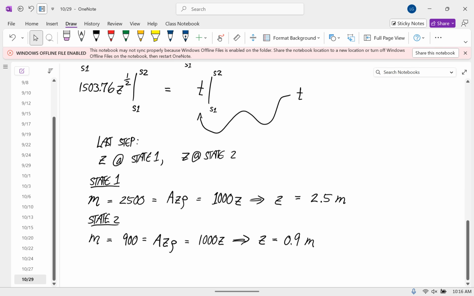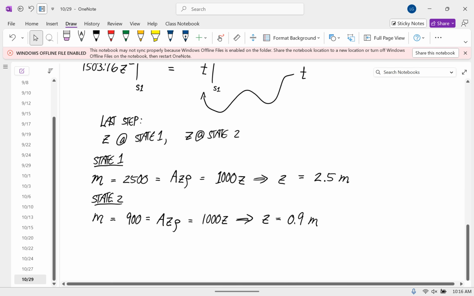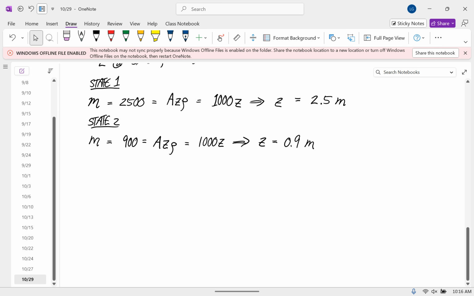Now plug that into 1503.76 evaluated from 2.5 to 0.9. Whoops. I left out the Z to the 1/2.